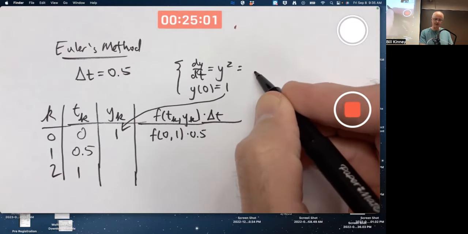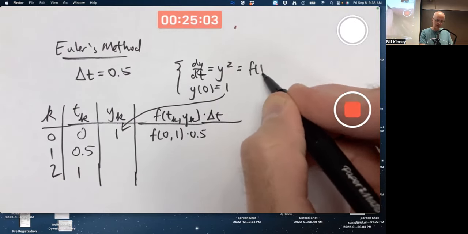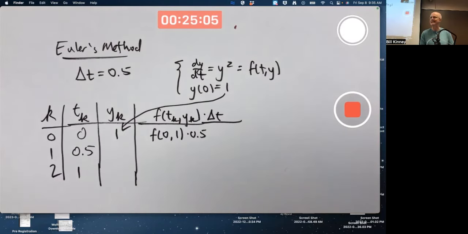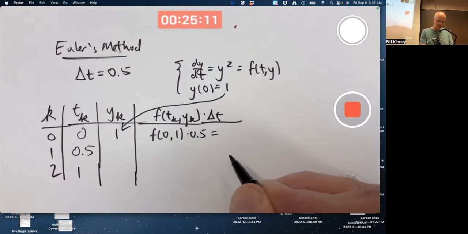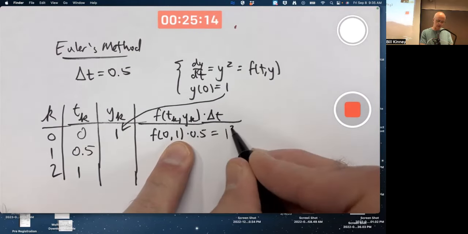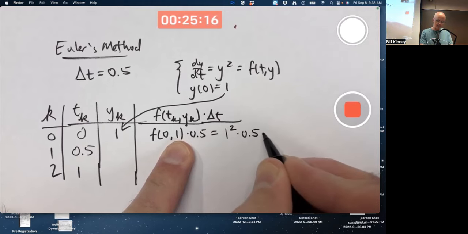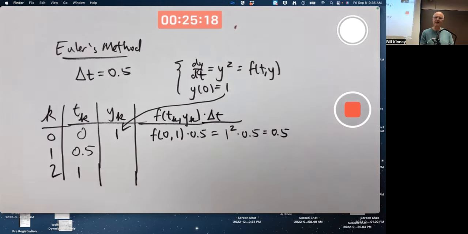Our f function just depends on y, but you could call it f of t, y anyway, even though you don't see a t. The t doesn't matter. Only y matters. We have to do 1 squared. So we get 0.5, and that number becomes the approximate change in the solution.